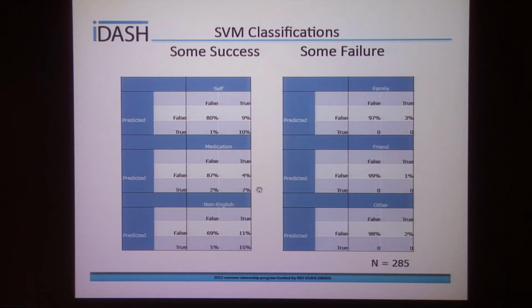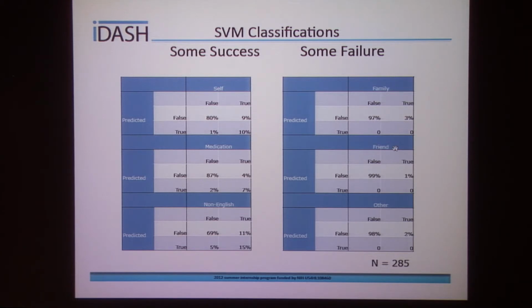And we're actually getting about half of those where the user is actually talking about themselves. In the medication category, we're also doing fairly well at pulling out tweets where users are talking about their experiences with their medication. And then we're also achieving very good coverage of non-English tweets. So it should be fairly clear that this would actually help a clinician who was doing research to narrow down on tweets that are actually going to help them.